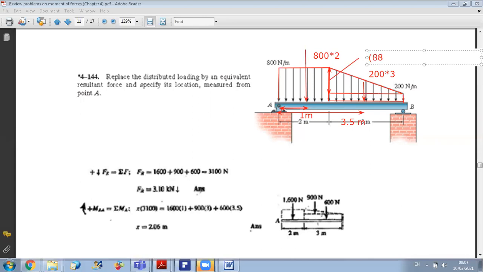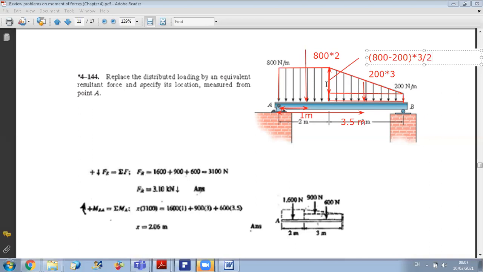Then to find the area, I will multiply this height by the length of the base here, which is 3, over 2. In this way, I get the area of the triangle.